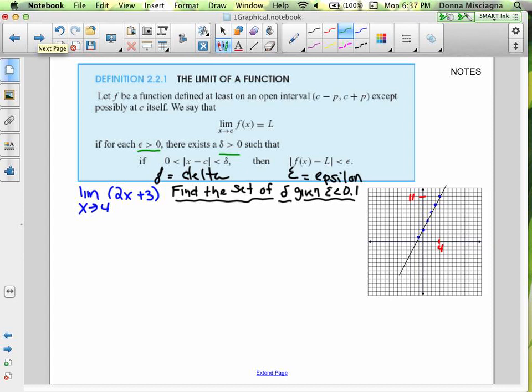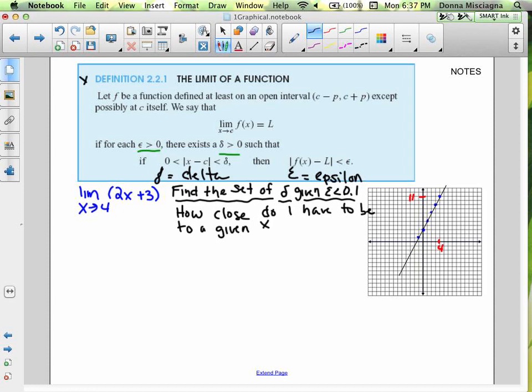Let's take it out of the formal mathematical terms. You need to know the formal mathematical terms, but let's give it some understanding for you. In other words, all of what this whole limit means is how close do I have to be to a given x.